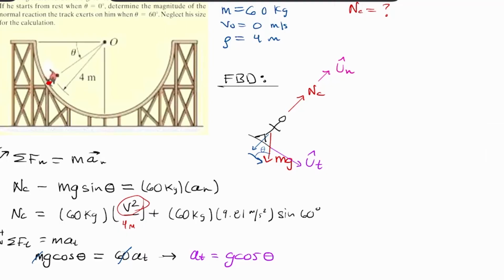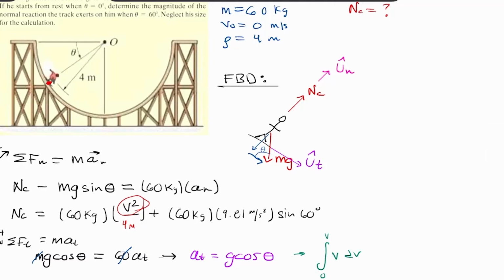So if we want to solve for velocity out of here, remember we need to find a way to get velocity, and we know that tangential acceleration is how we get the velocity. So using some of the kinematics equations that we have, because this is a function of theta, we'll have the integral of v dv from 0 to v.